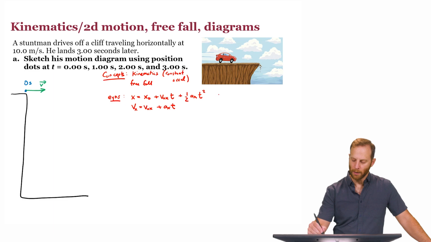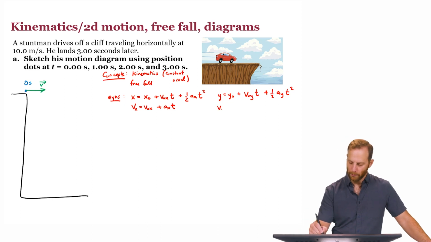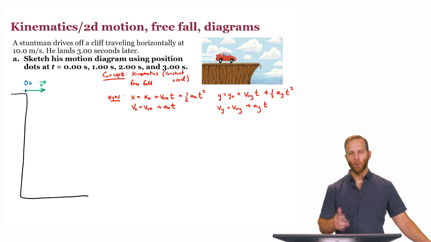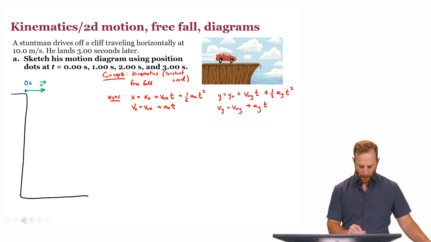So we can write those down. y is equal to y naught plus v naught y t. These equations look very much the same as the x equations. We just swap x for y. v_y equals v naught y plus a_y t. And there's a third equation you could write down as well. Importantly, during free fall, a_x is equal to 0.